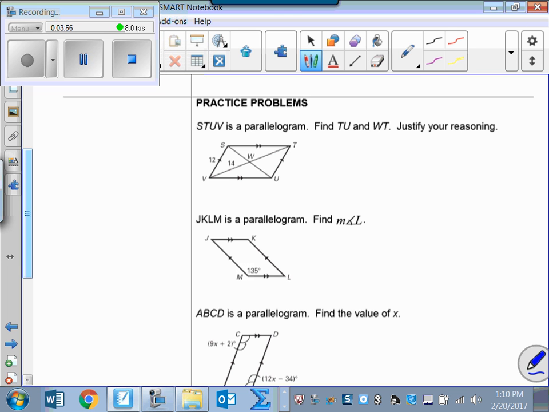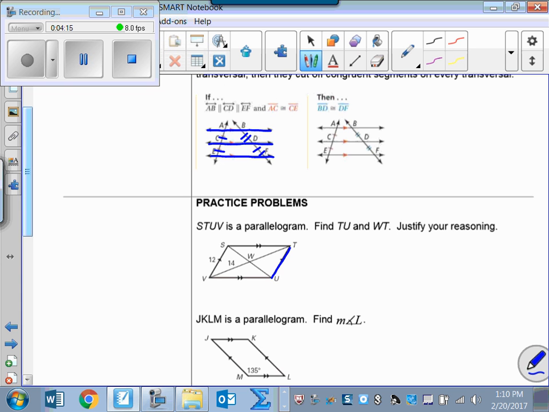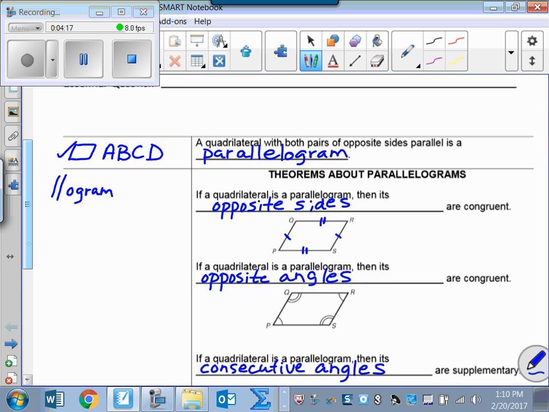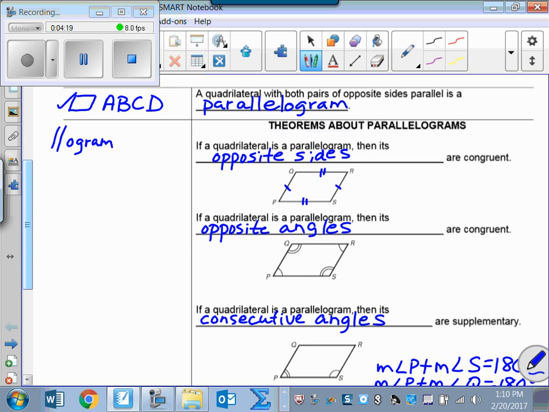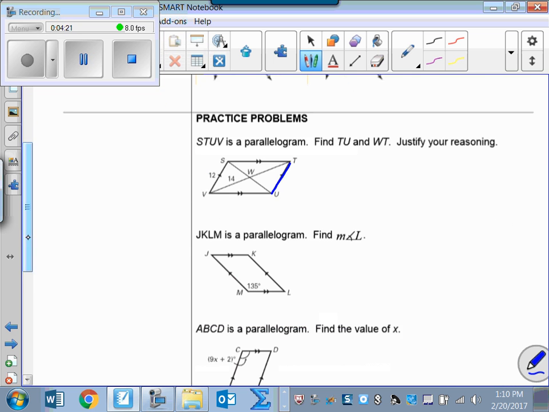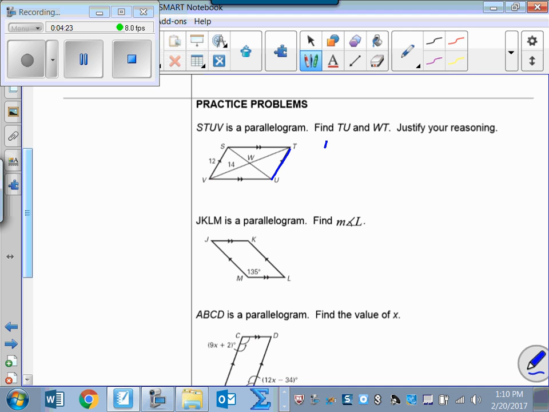STUV is a parallelogram. By the definition of parallelogram, what do I know that that means? It means its opposite sides are parallel. Okay, and we're supposed to find TU and WT. Here's TU. Okay, so let's find TU first. What did we learn in our theorem? Oh, we learned that opposite sides are congruent. So if opposite sides are congruent, that's easy then.